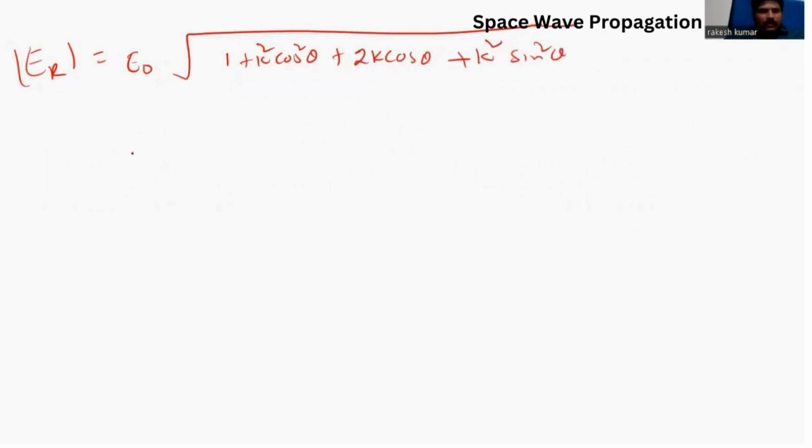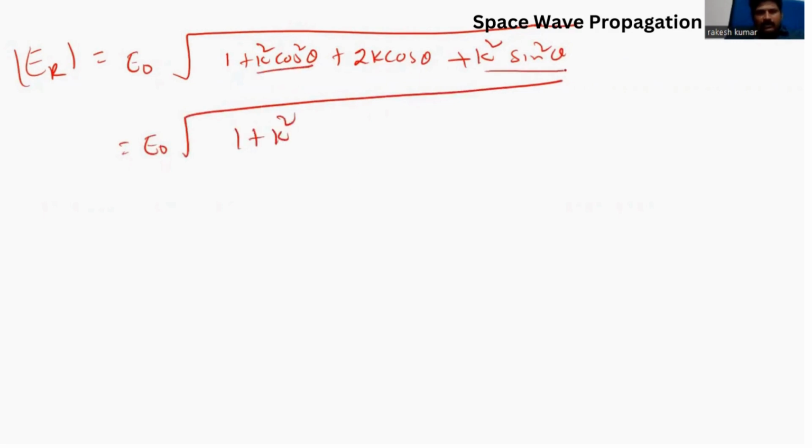So E naught, if I take common 1 plus K square, K square cos square theta is there, so cos square theta plus sin square theta is equal to 1, plus 2K cos theta.